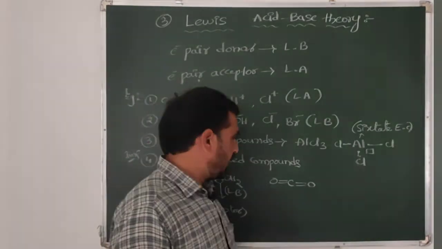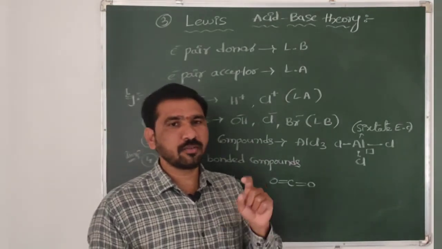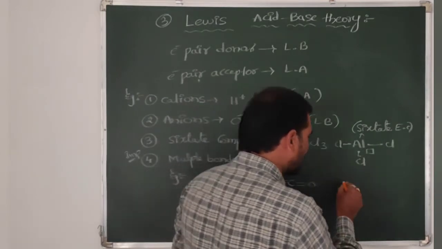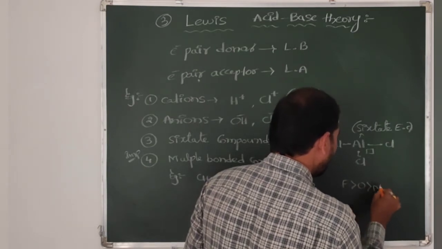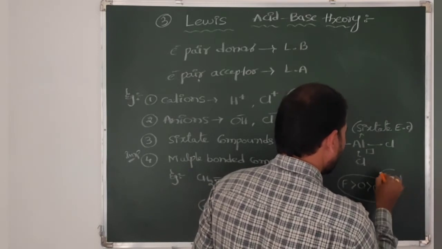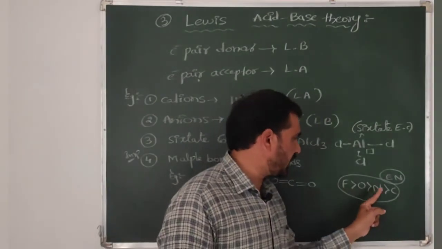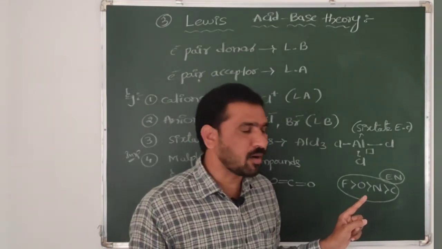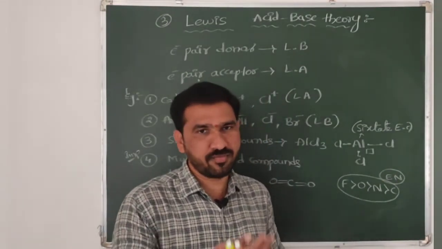Then coming to this one, between carbon and oxygen, two bonds are there, one sigma and one pi. Here I gave a code, the FONC code, which explains the electronegativity order. Fluorine is the most electronegative atom among the elements in the periodic table, the second is oxygen, the third is nitrogen, and the fourth is carbon. You can remember it like that, the FONC code.